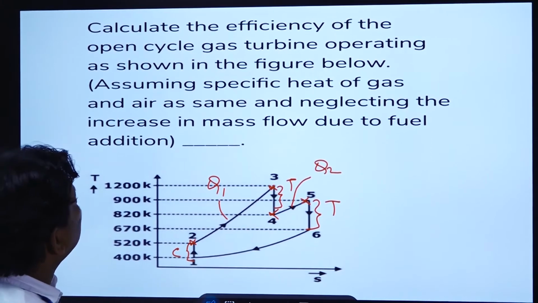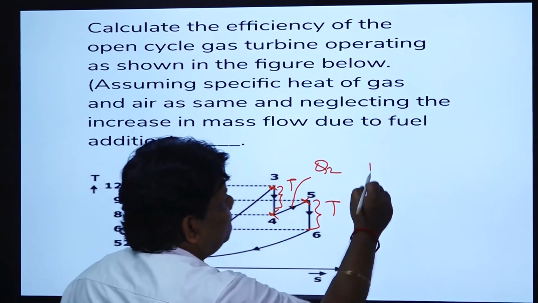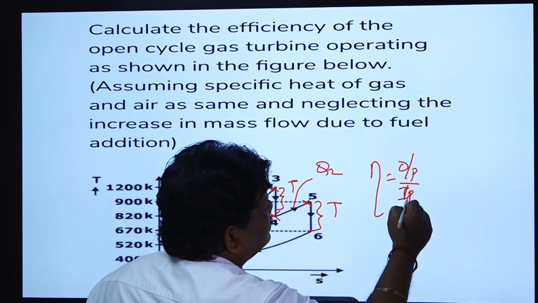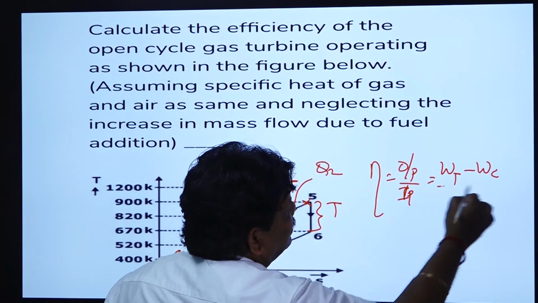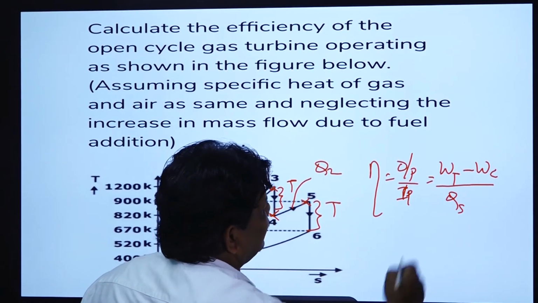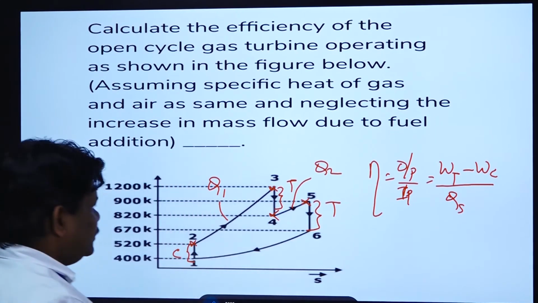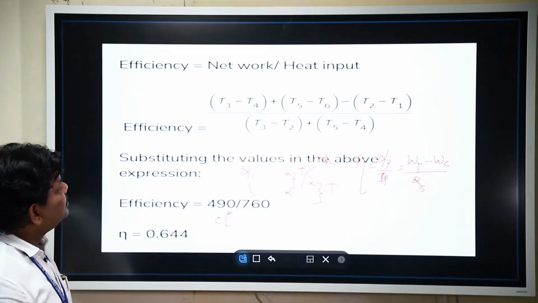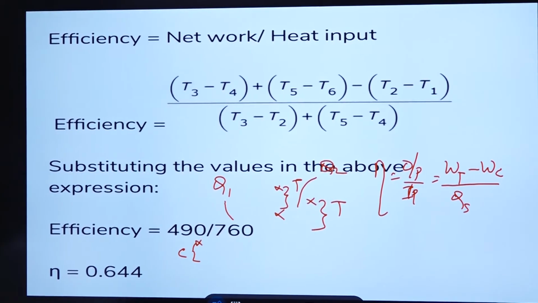Now, what is the question? The question is efficiency, eta, that is output by input. What is the output? That is the work done by the turbine minus the work done by the compressor, and the amount of heat energy that is added is the input, that is Q1 and Q2. If you add these two, you will get the value. So you can see here efficiency is net work by heat input.